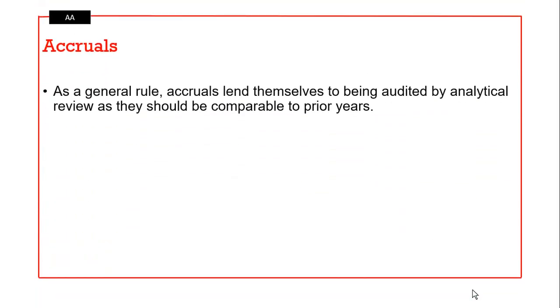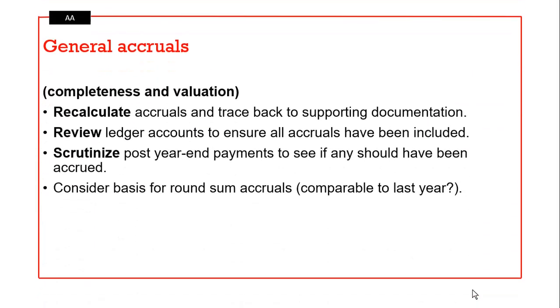Okay, accruals. As a general rule, accruals lend themselves to being audited by analytical review, and they should be comparable to prior years. And what are some of the works that you can do surrounding accruals? You need to recalculate accruals and trace back to supporting documentation. You need to review ledger accounts to ensure that all accruals have been included at an appropriate amount.